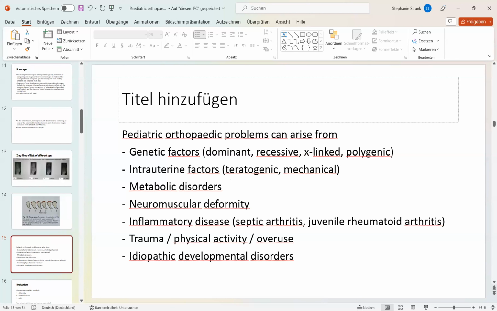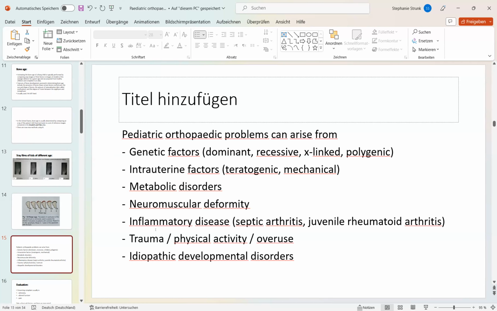There might be metabolic disorders like rickets, or a neuromuscular deformity, for example polio or cerebral palsy. There are inflammatory diseases, septic arthritis, which I was already talking about. And there's also juvenile rheumatoid arthritis. It's not very common, but it does happen on and off. It can start as early as 1.5 or 2 years old with joint swelling.